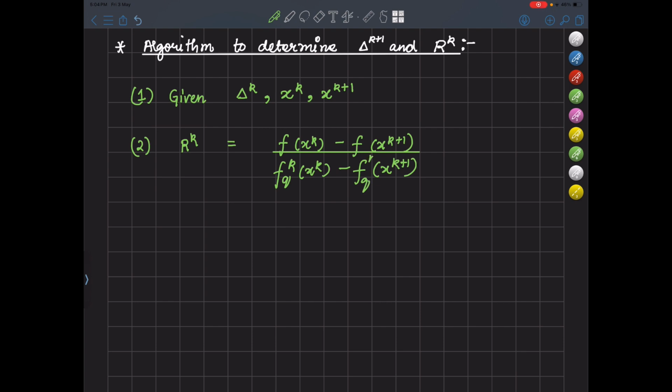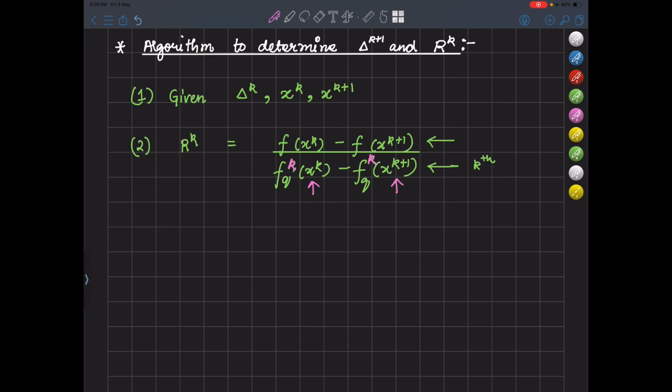So this is the ratio of the actual function value difference at xk and xk plus 1 to the approximated function value difference at the kth step. Here you can see this is the kth approximation at both points xk and xk plus 1. The ratio of this is rk. This is an important step.